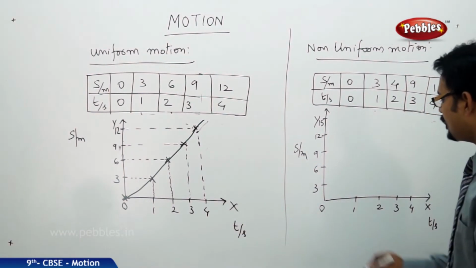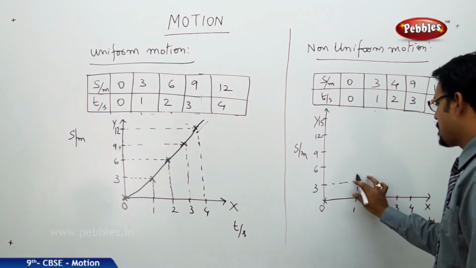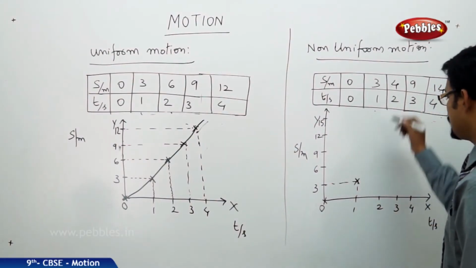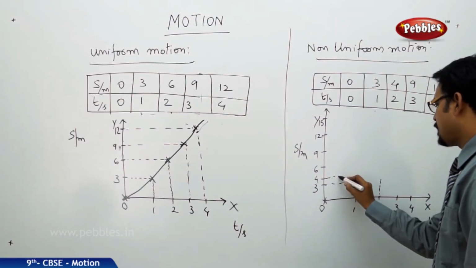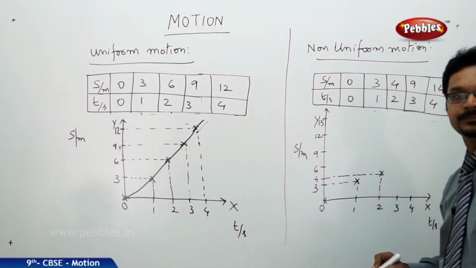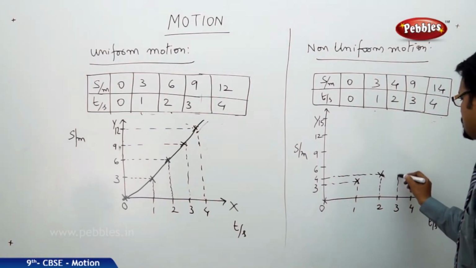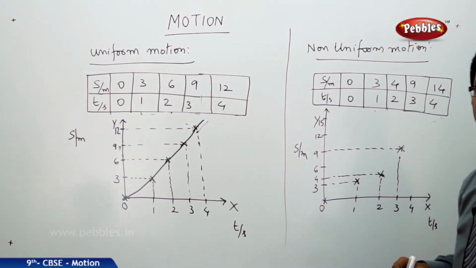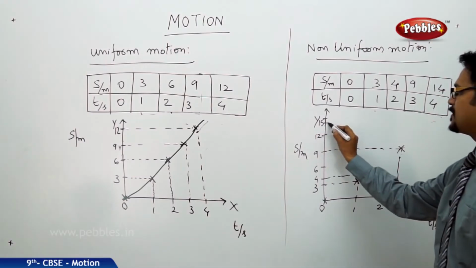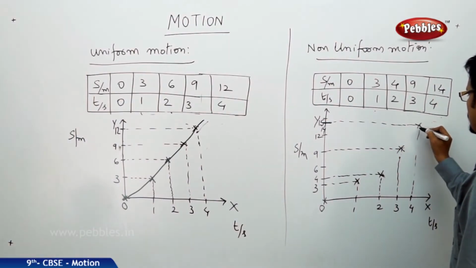Now see what happens. 0, 0 is located, 1 is 3 meters, 2 is 4 meters. Let me plot here, 4 meters. 3 seconds is 9 meters. 4 seconds is 14 meters, plotted approximately here.